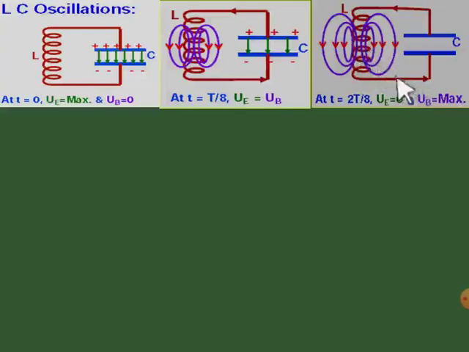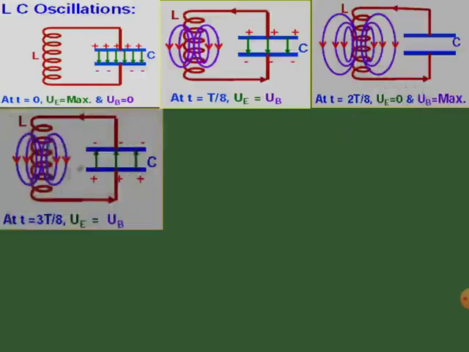Now in the next part, at time t equal to 3T by 8, the magnetic field energy will decrease from maximum, and some energy will also develop in the capacitor.